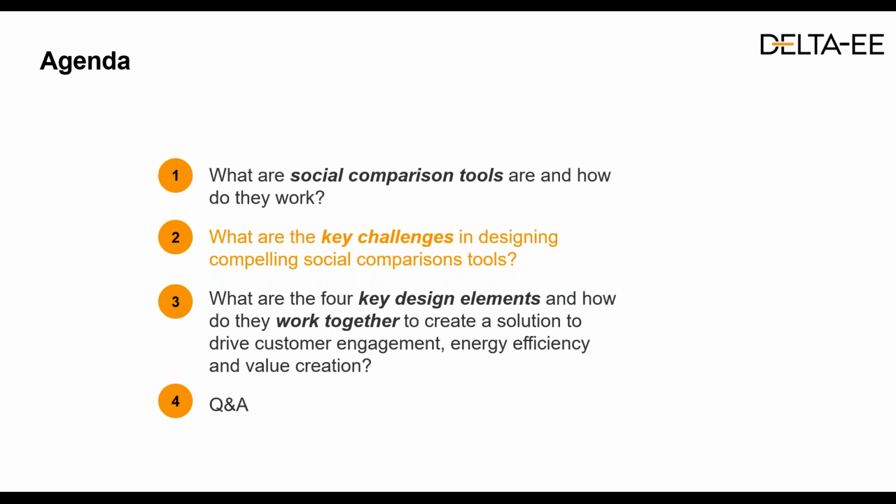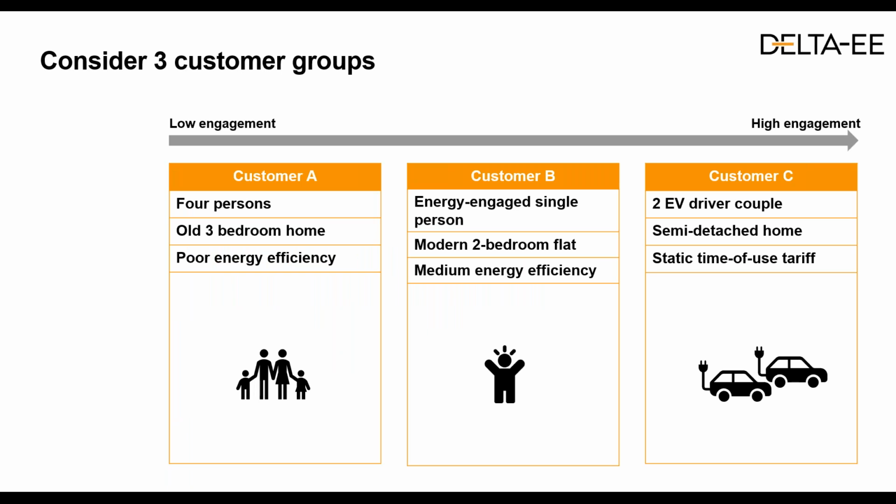Yeah, thanks, David. If you can move to this slide, please. Thank you. In order to understand the complexity and the challenges that a social comparison service might have when those insights are delivered to end users, we have prepared 3 different types of energy customers here. Customer A is a very common family of 4 living in an old house with poor energy efficiency.